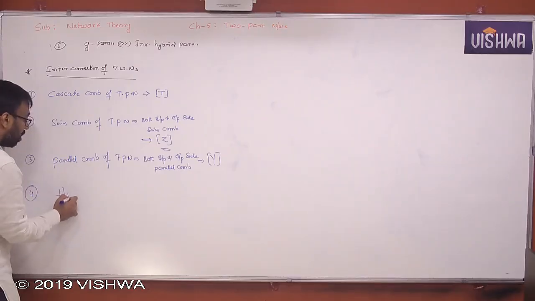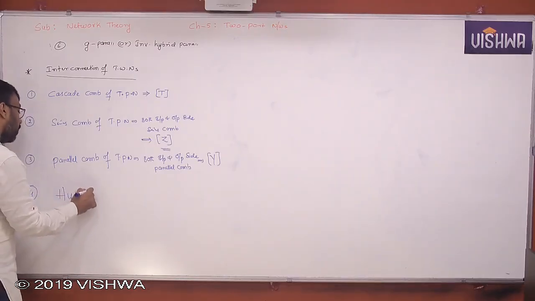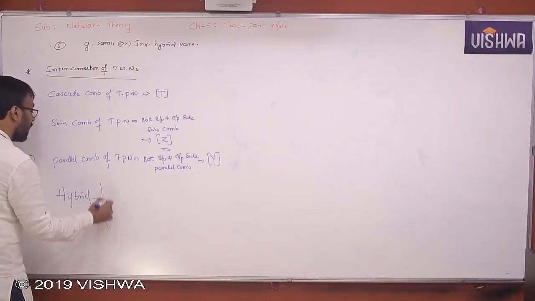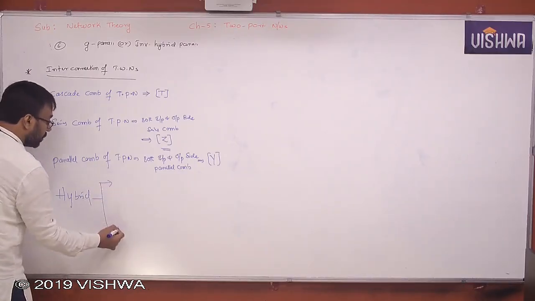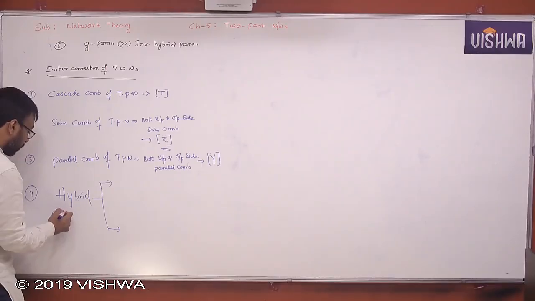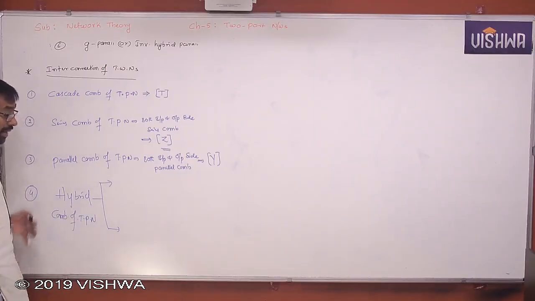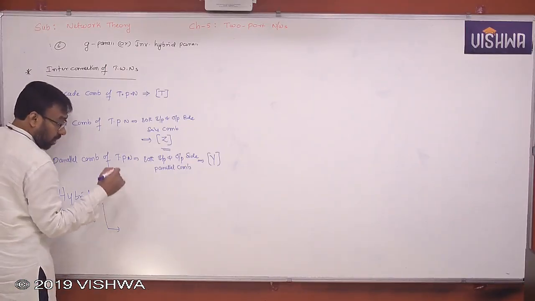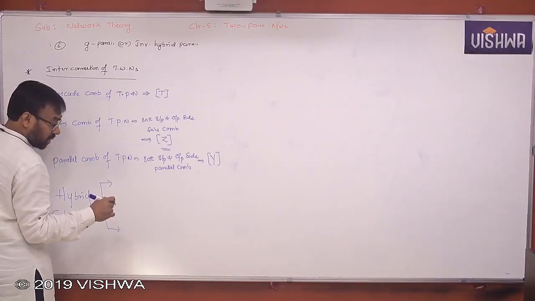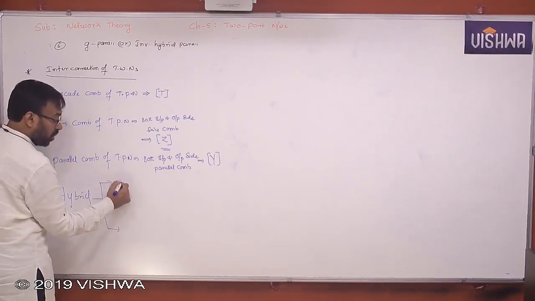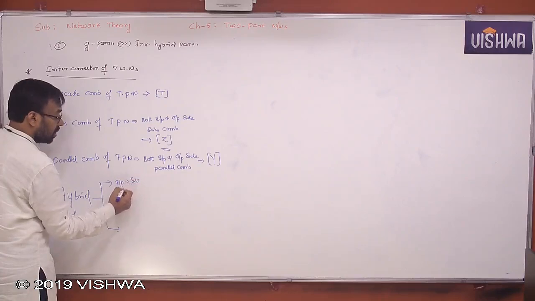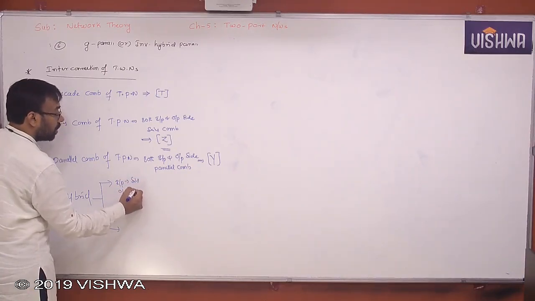Then hybrid combination. What do you mean by hybrid? There are two types of hybrid combination of two-port networks that you can see. The first combination is input port series and output port parallel.